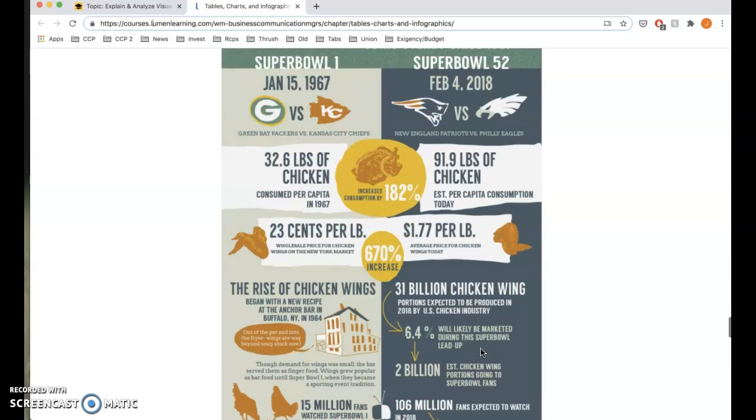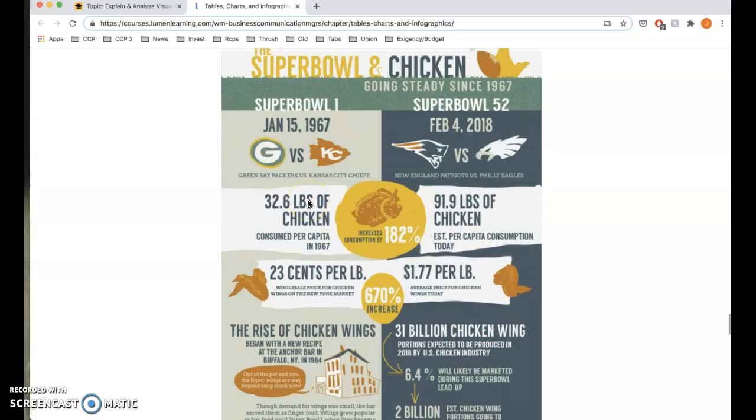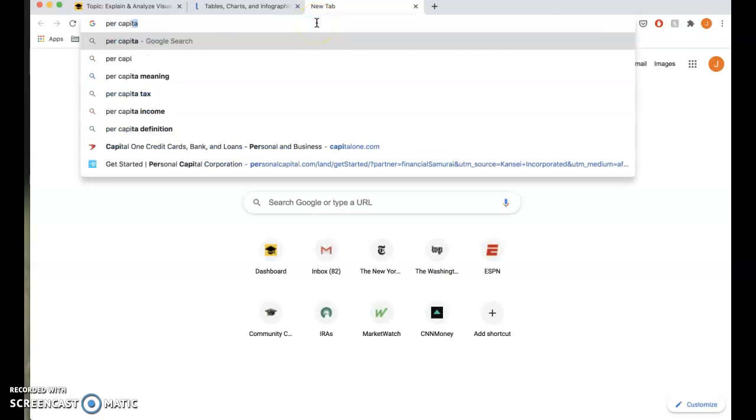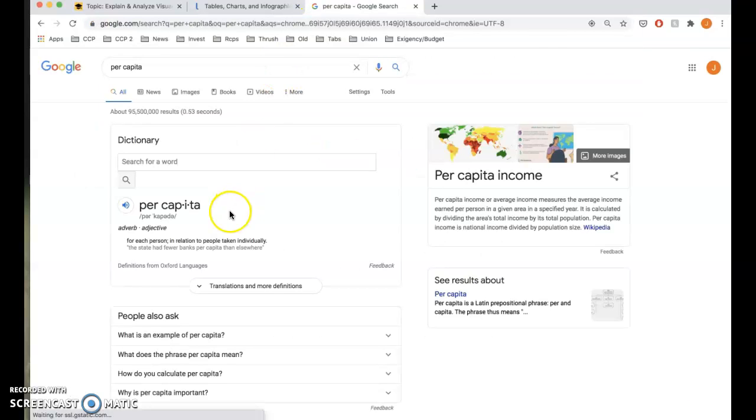The one thing is I'm a little confused here about this information, like just what length of time, because it is about the Super Bowl and chicken. I can't imagine they're saying consumed per capita. I'm not quite sure, so I would probably want to look, because I always think per capita is for each person.